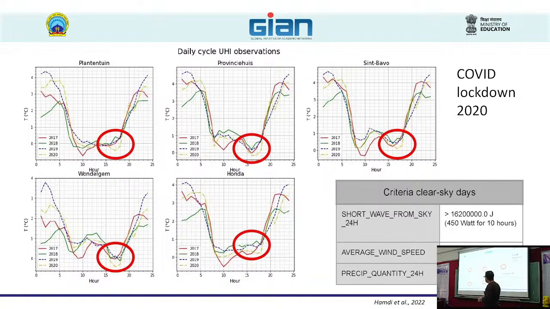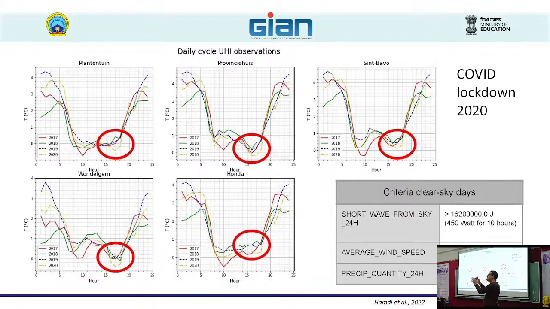And then it decreases because here you have a change of the storage. The storage flux is the heat which is stored in the city, in the buildings. We call this the storage heat flux. This storage heat flux increases, and then at 16 it decreases and changes sign. It becomes negative.